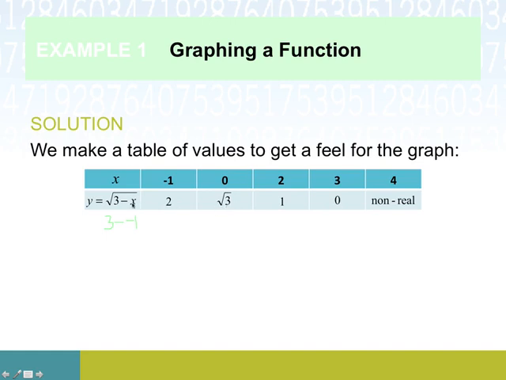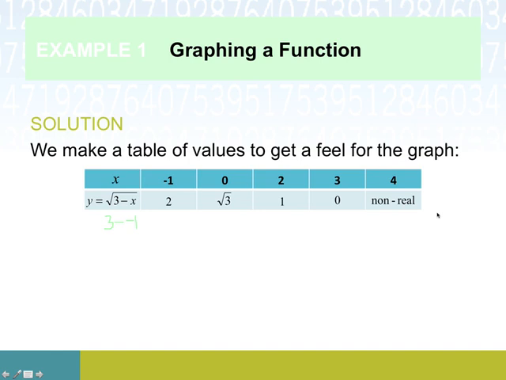So if we plug in 0, we get 3 minus 0, square root of 3, good. We plug in 2, we get square root of 1, which is 1. We plug in 3, we get 0, because square root of 0 is still fine. Square root of 0 is 0. However, when we get to 4, 3 minus 4, okay, well, square root of -1. Again, not trying to place any judgment on these, but square root of -1 is not real. So we are trying to deal with just real numbers here, and so we put this little note here, non-real.